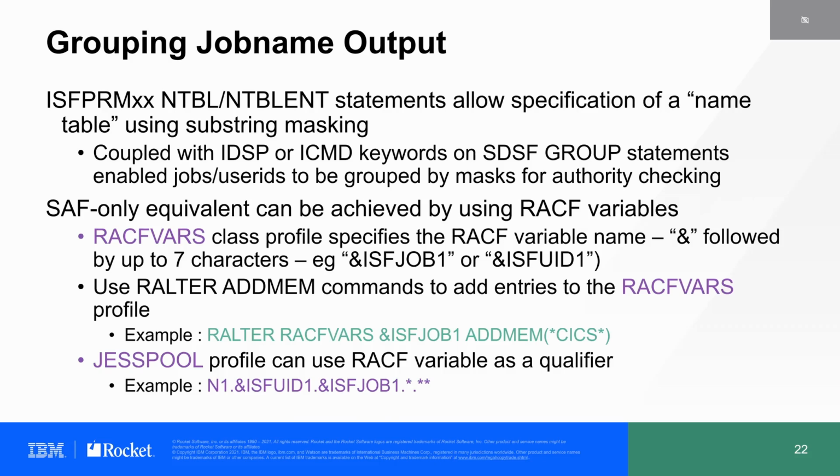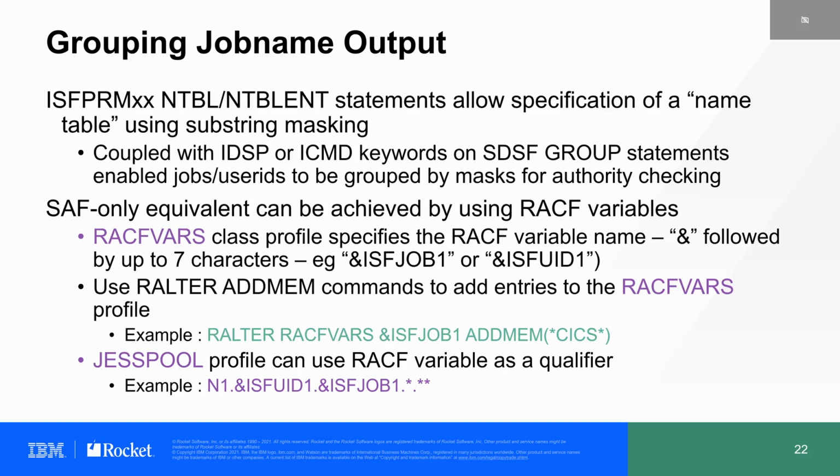Another thing that comes out from trying to convert from non-SAF security to SAF security is a rather useful facility going back in history. There are NTBL and NTBLENT statements within ISFPRM that allow some sort of specification of a name table using substring masking.